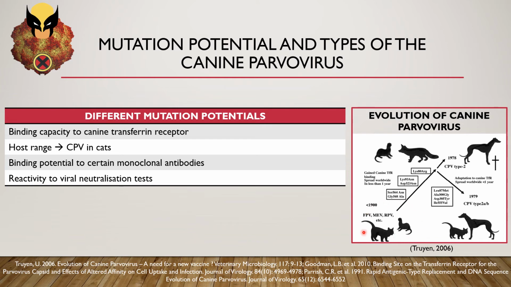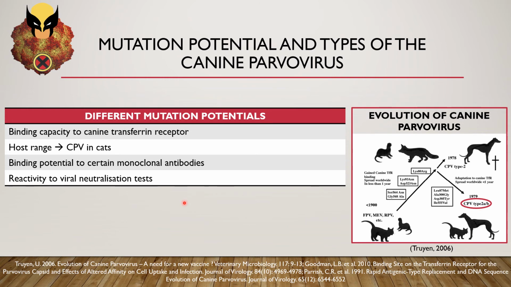Here we can see that although origins of the virus are debatable, the original CPV type 2 went extinct and is now replaced by CPV2A and 2B. And here we can see the relevant amino acid differences between the virus types. Note that CPV2B has since largely replaced CPV2A, which shows the rapid mutation rate of this virus.